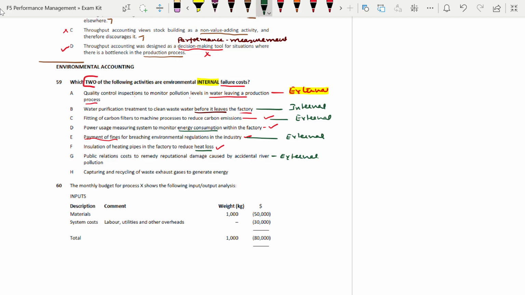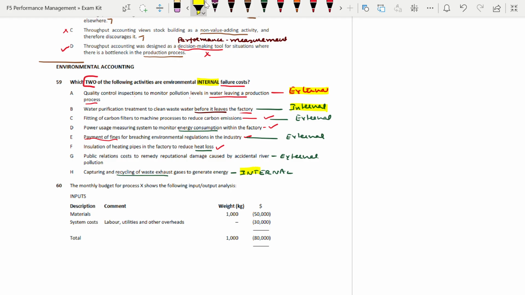Capturing and recycling of waste exhaust gases. It is within the company, internally. Capturing and recycling gases to generate energy, this is internal, very clearly.